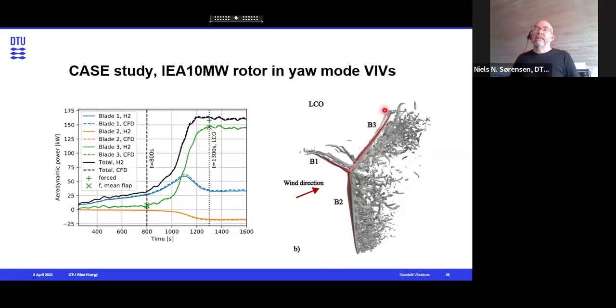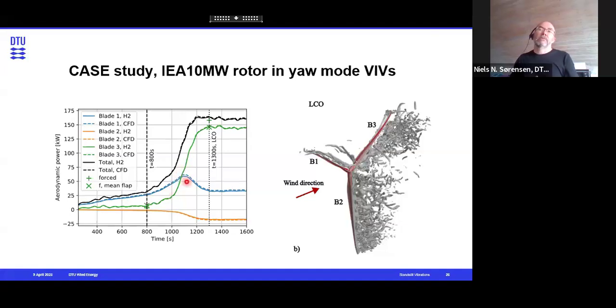The downwind blade, blade 3, is not very active up to the 800 seconds where things started to change. So all the startup of the vibration is driven by the blade that points into the wind, which increases the amplitudes of all 3 blades up to a point where blade 3, pointing downwind, also starts to vibrate and put energy into the system.